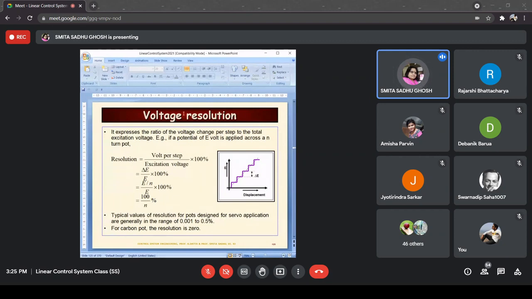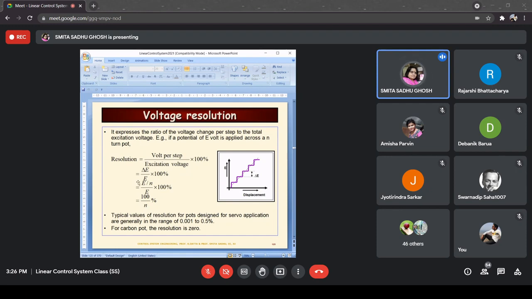Voltage resolution is defined as the voltage change per step, delta E, divided by the total excitation voltage, which is E, multiplied by 100. So over here you can see delta E by E into 100, as a percentage, will give us our resolution, right?